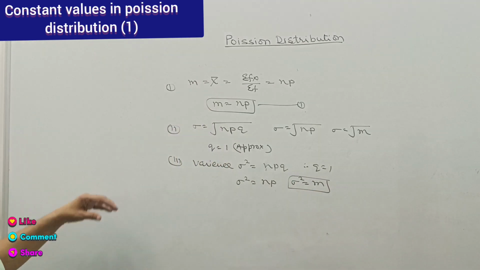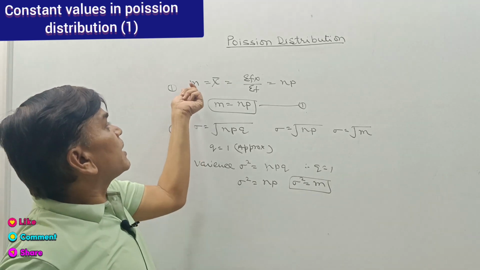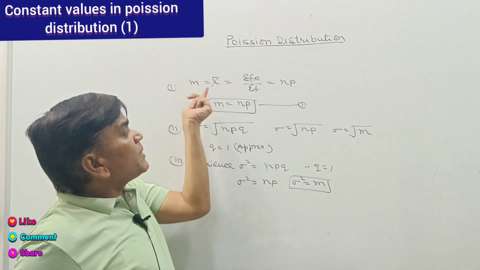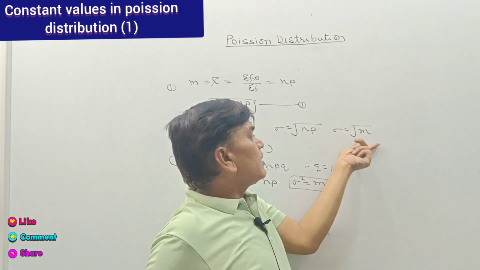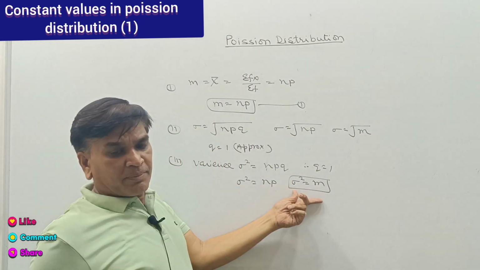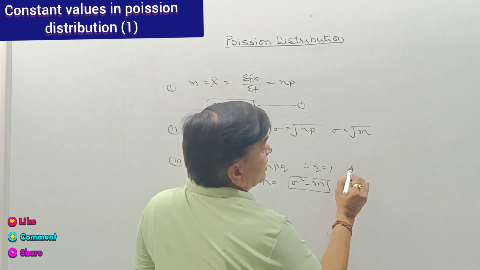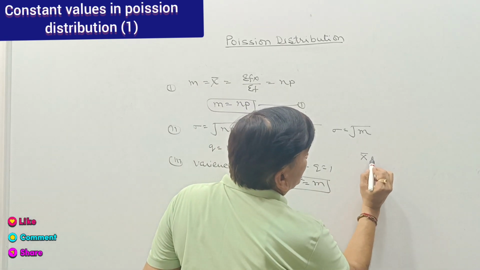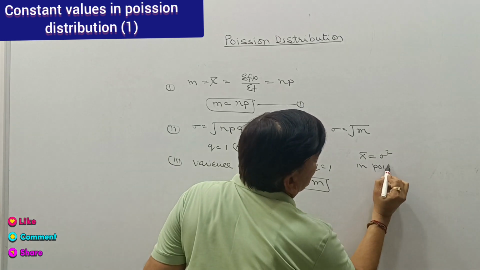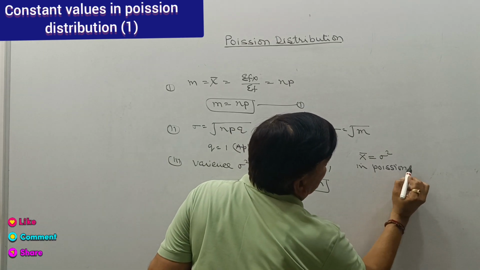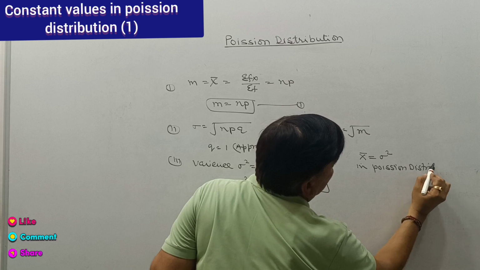So if we want to calculate the arithmetic mean, then we will use np. For standard deviation, that is root m. For variance, that is m. It means x bar is equal to standard deviation square in Poisson distribution.